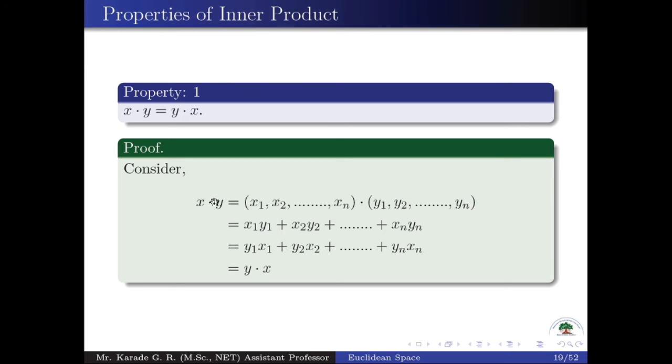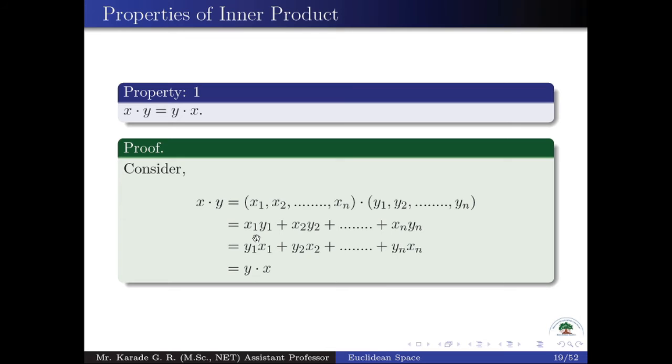The inner product of vector x with y is equal to, vector x is this, dot product with vector y, and we know how to find the inner product, or we can say the dot product, of these two vectors. It is given by the first term x1 y1 plus the second term x2 y2 plus dot dot dot plus the nth term xn yn.